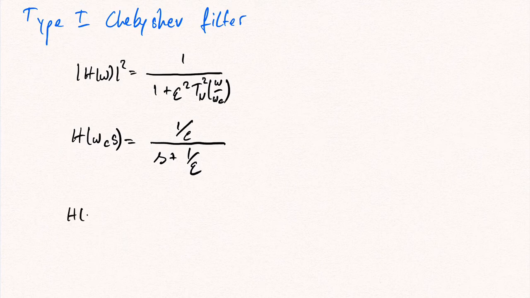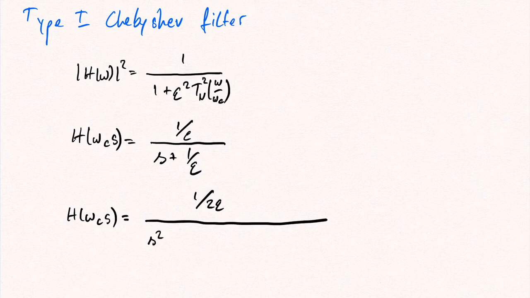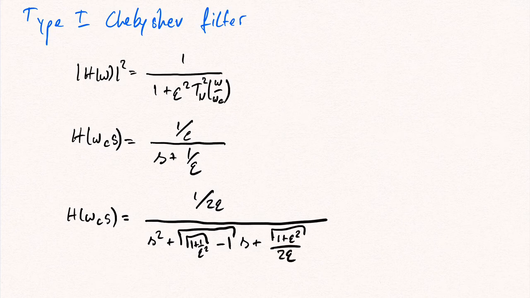The second order one is given by H of omega c s equal to 1 over 2 epsilon divided by s squared plus the square root of 1 plus 1 over epsilon squared minus 1 times s plus the square root of 1 plus epsilon squared over 2 epsilon. As you can see, the Chebyshev filter is slightly more complex than the Butterworth filter.